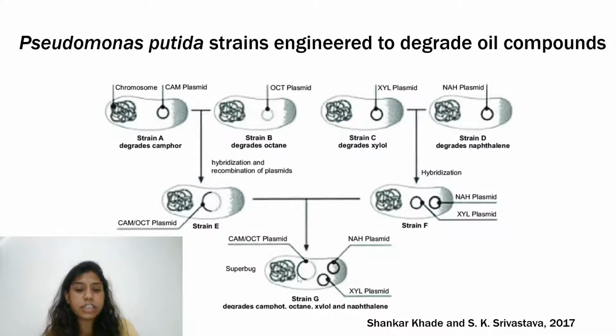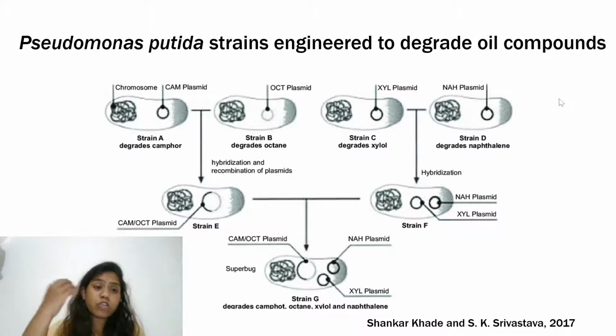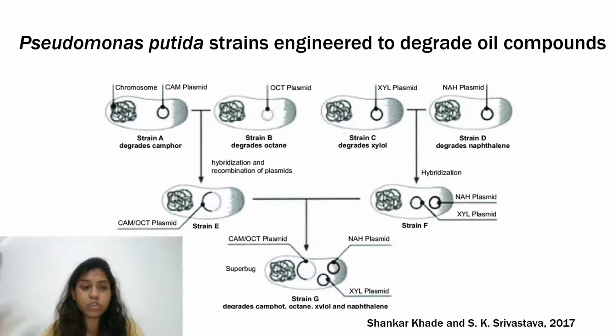So this engineered strain, the superbug, which is the Pseudomonas putida strain, actually has multiple plasmids, and hence it is a superbug because it can degrade many of these contaminating oil components.